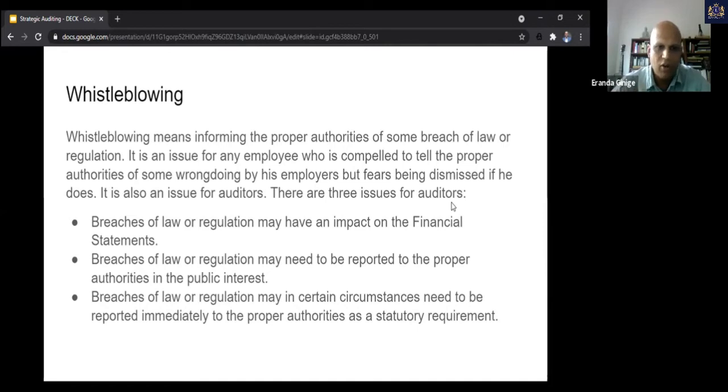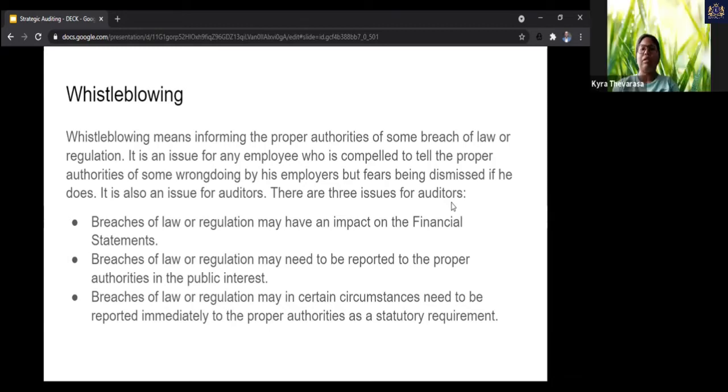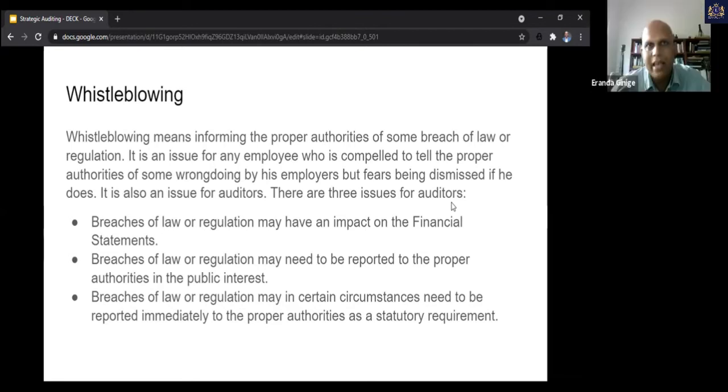So any breach of law or regulation should be informed to the proper authorities, especially if it is in the public interest. But then you place the auditor in a very tricky situation, right? The auditor will have to make a decision if the auditor discovers something like that. How should they go about it?